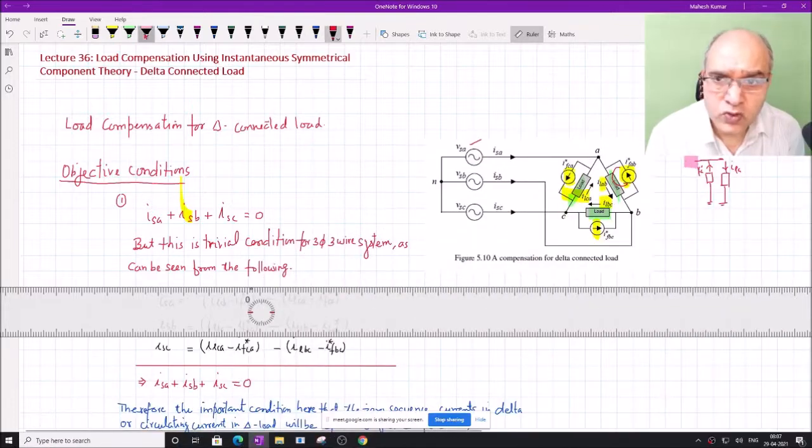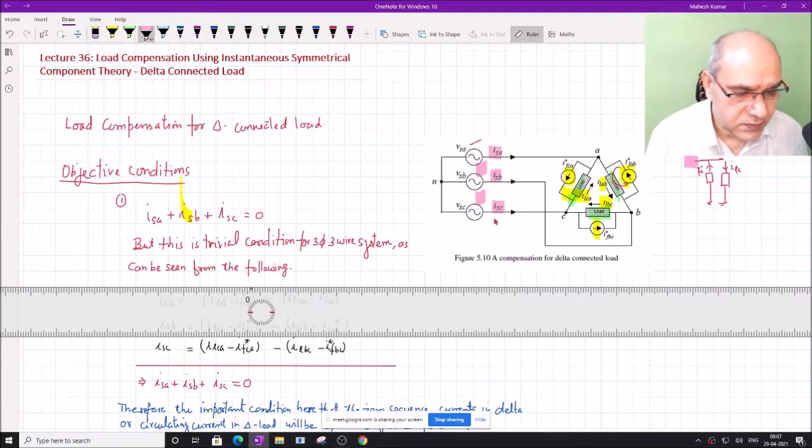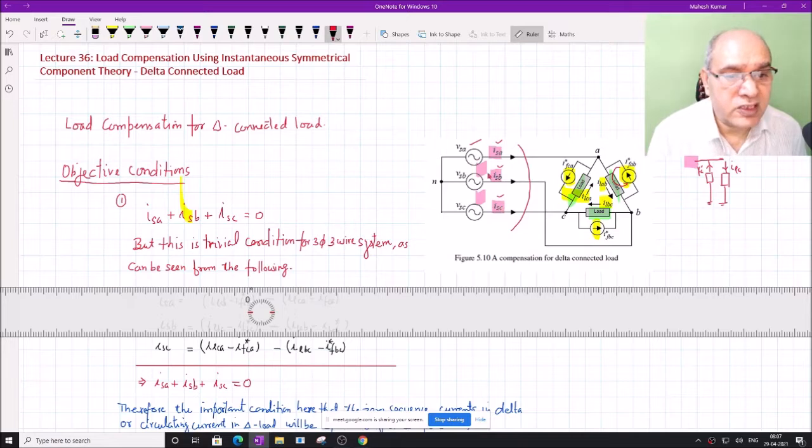These are the 3-phase source voltages, as you can see, VSA, VSB and VSC, and the line currents are ISA, ISB and ISC. The objective of the load compensation is to make ISA, ISB and ISC in phase with their respective voltages VSA, VSB and VSC, irrespective of the load between the phases AB, BC, CA.